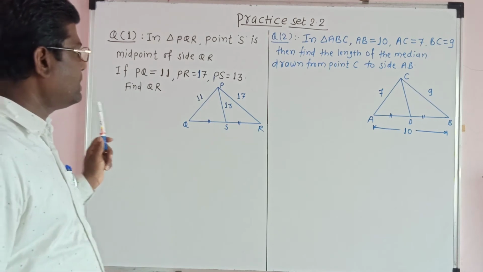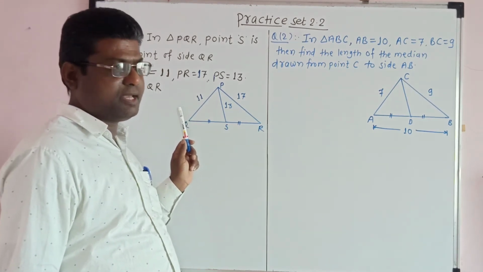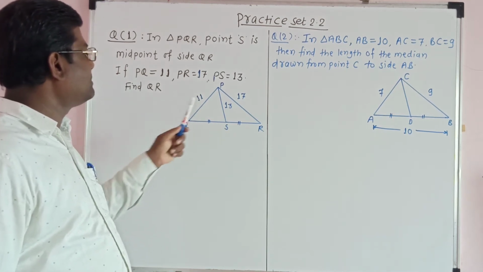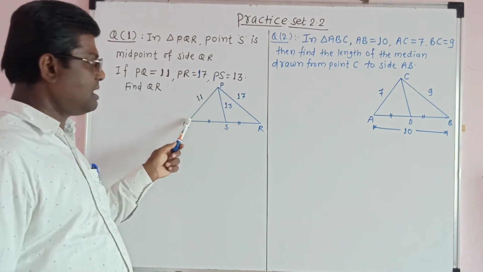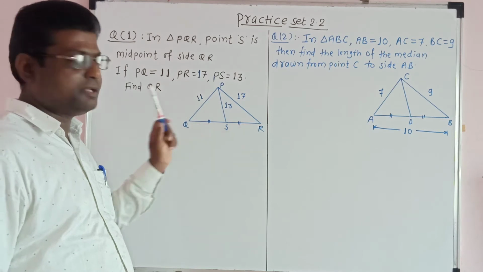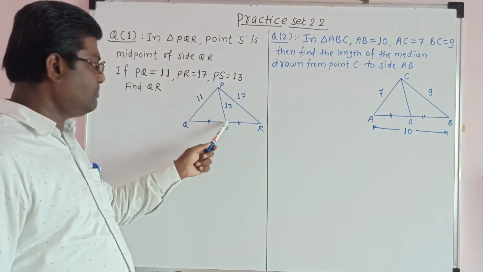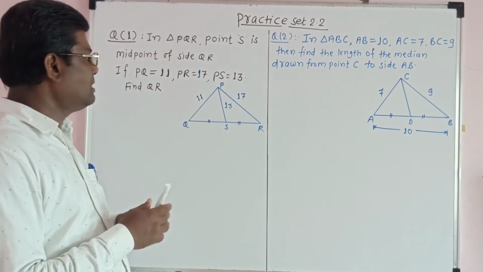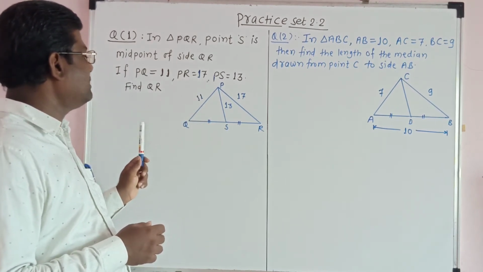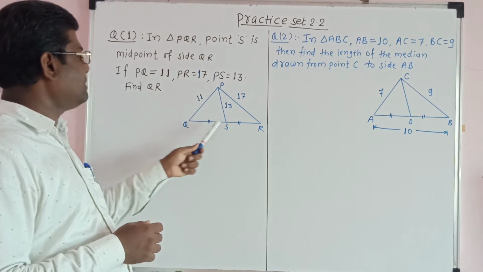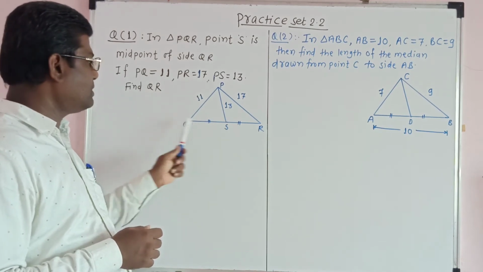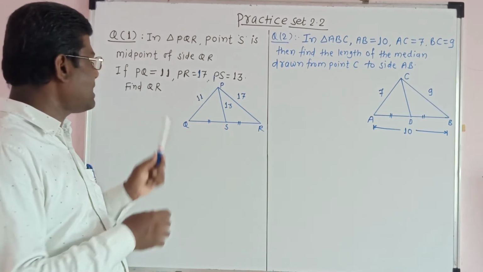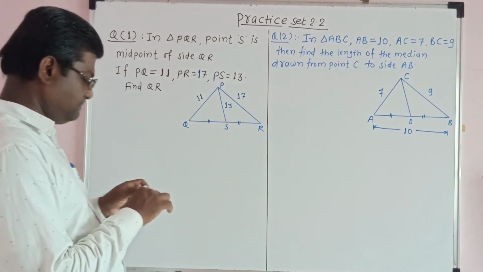Therefore we can apply Apollonius theorem for this triangle, and that theorem is PQ square plus PR square is equal to 2 into PS square plus 2 into QS square. Then we can find QS, and as S is the midpoint of QR, QR is equal to 2 into QS. In this way we can find QR here.